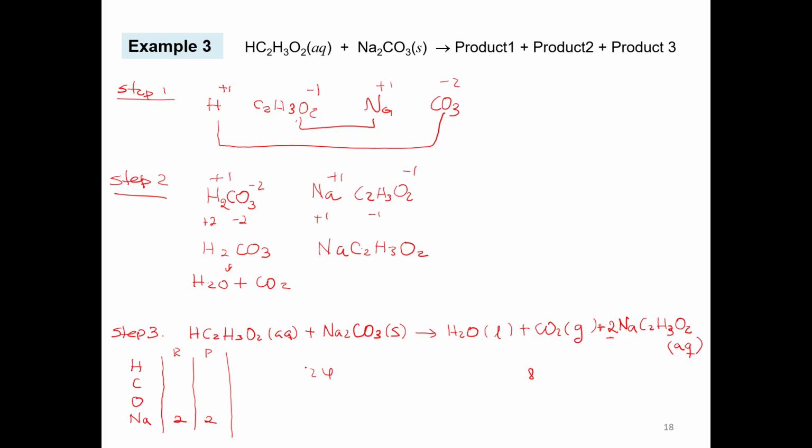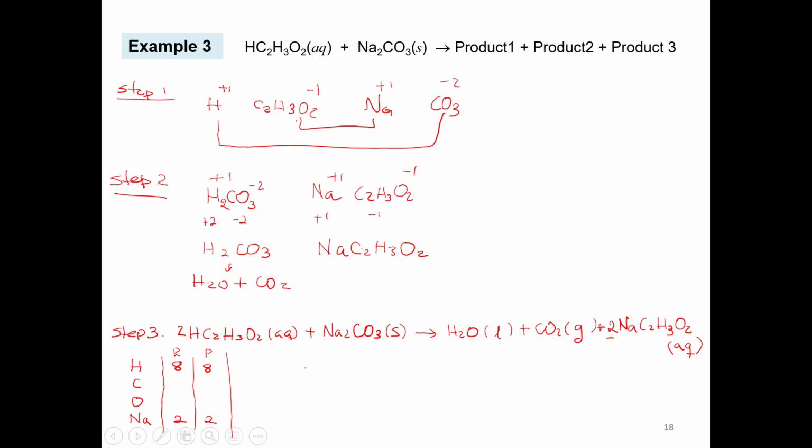Then we need to multiply by 2 here to get 8. It's the only way we can get 8 hydrogens on both sides. Now 2 plus 4 is 8. 2 plus 6 is 8.